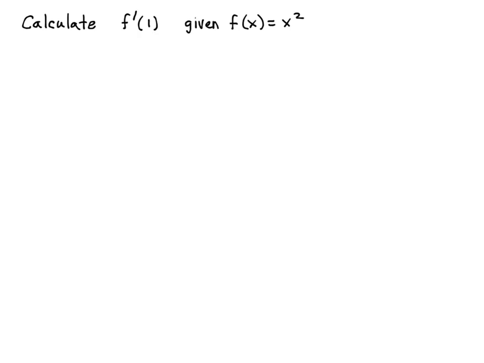Okay, so I'm going to set this up using that limit definition that I had before. I'm going to say it's going to be the limit as h goes to 0 of f at 1 plus h minus f at 1, divided by h. Okay, so here I'm applying that instantaneous formula. Actually, I'll write this up just so you can refer to it. h goes to 0.